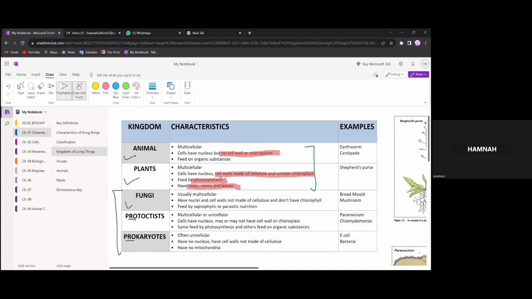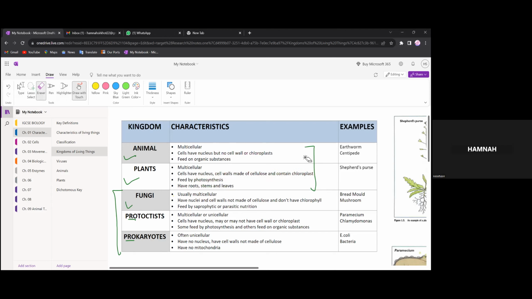Animals feed on organic substances and plants feed by photosynthesis. Their structures are also different. Animals can have lots of different kinds of structures: they can be insects, four-limbed animals, small or large. But all plants have roots, stems, and leaves primarily, right?